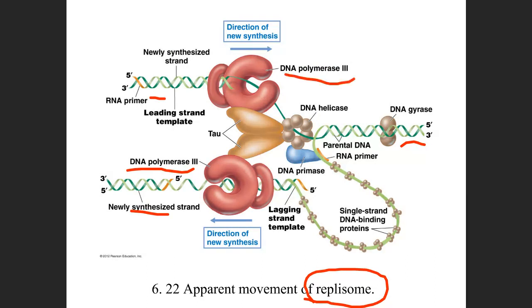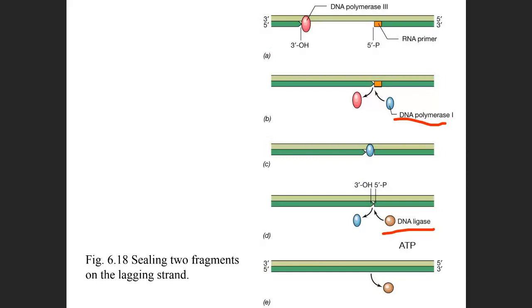We also had in this slide DNA polymerase 1 and DNA polymerase 3. DNA polymerase 3 does this, and DNA polymerase 1 comes in here and removes and then fills the gap.